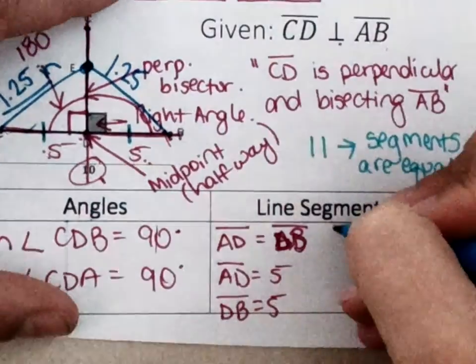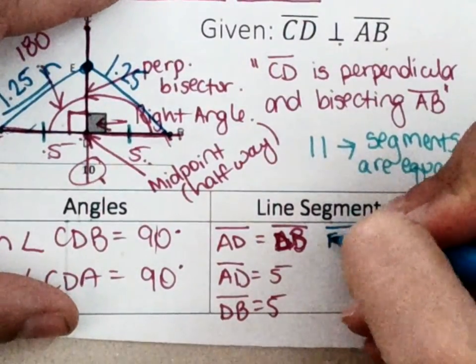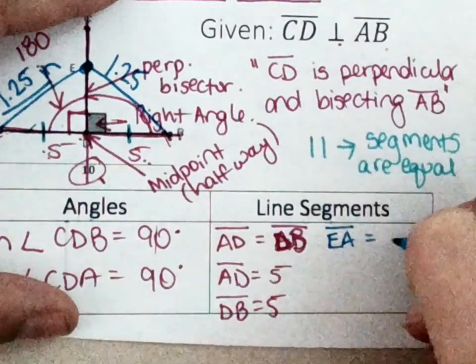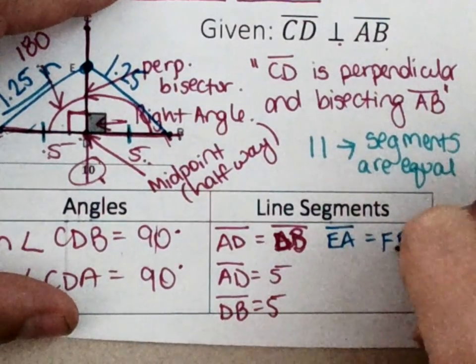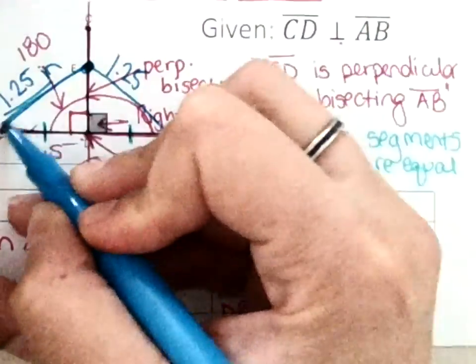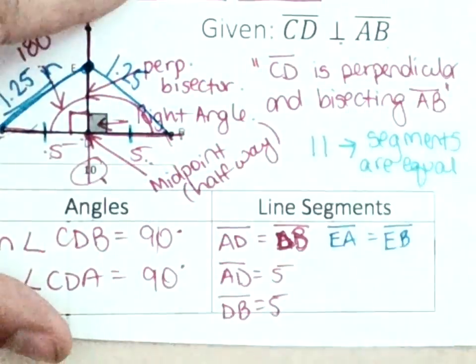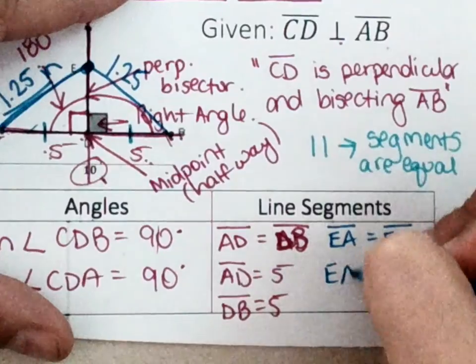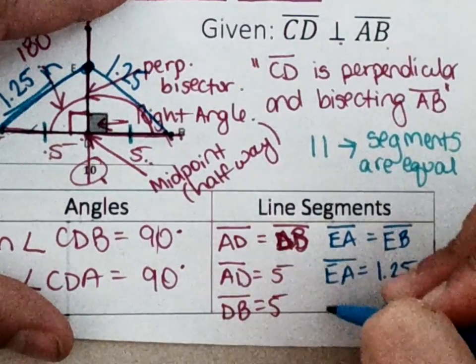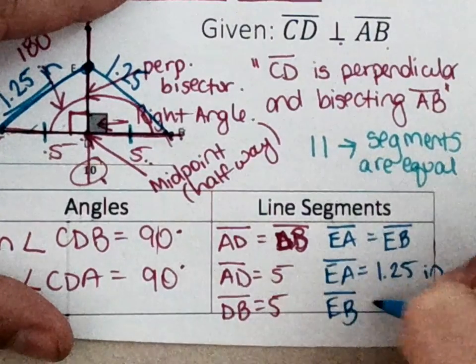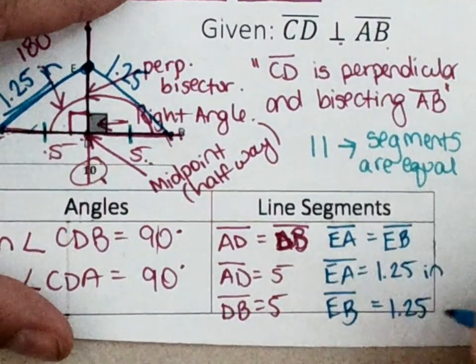So in other words, EA is equal to EB. We know that EA is equal to 1.25 inches, and EB is also equal to 1.25 inches.